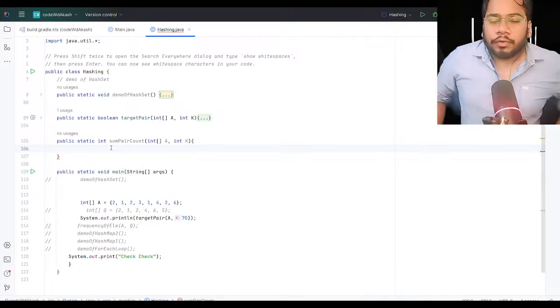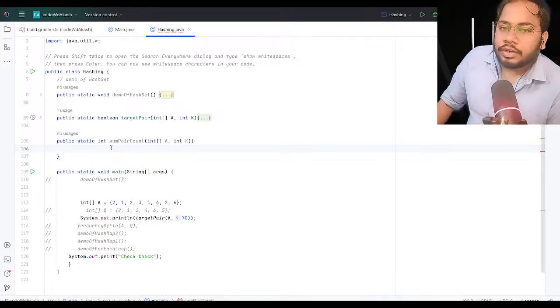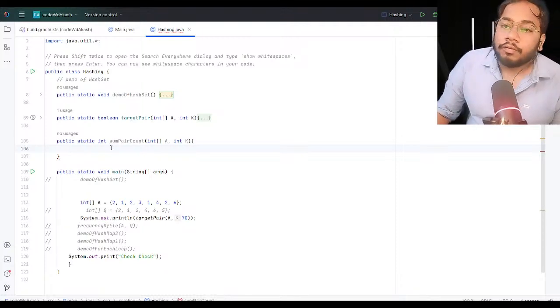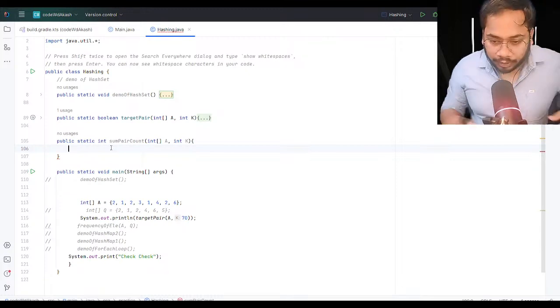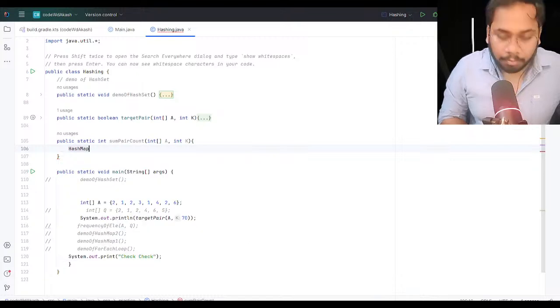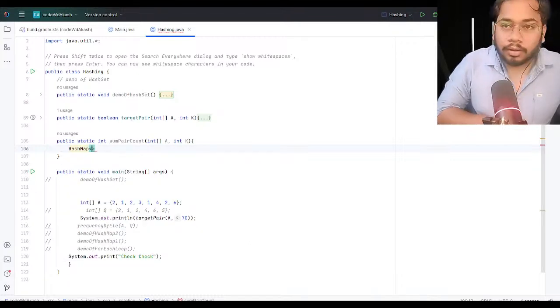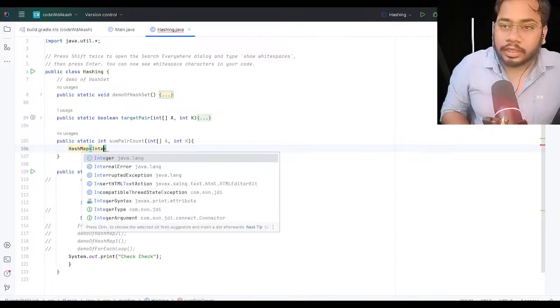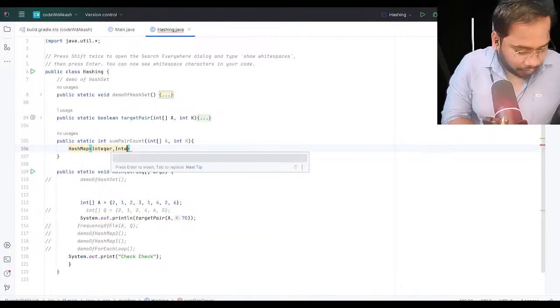So what we were doing initially, we are using a hash map, so we have to create a hash map. The key will be integer and the value will also be integer.